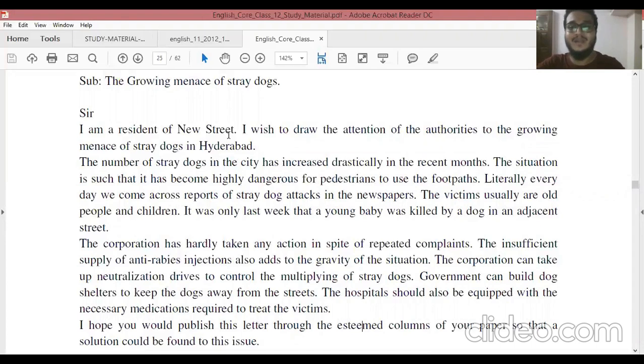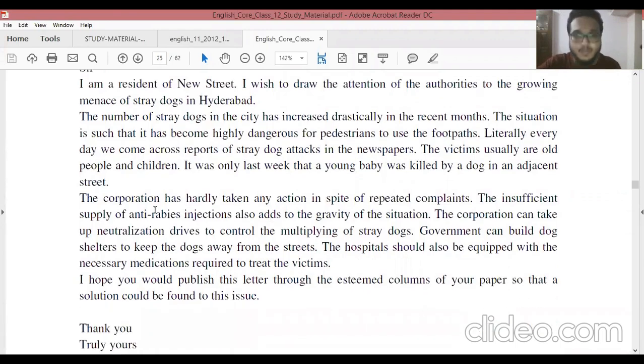See, the problem has been highlighted here, and then as per the problem, the next line follows. Literally every day we come across reports of stray dog attacks in the newspaper. Again the fact of what is happening on a daily basis, people are facing problems. The victims usually are old people and children. After that, see the suggestions in the last part.